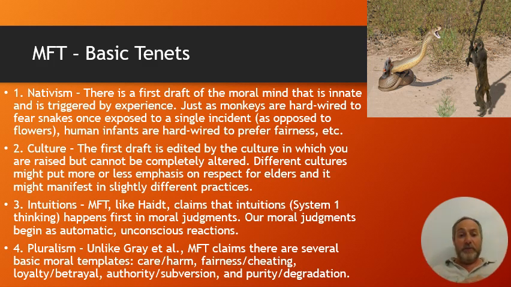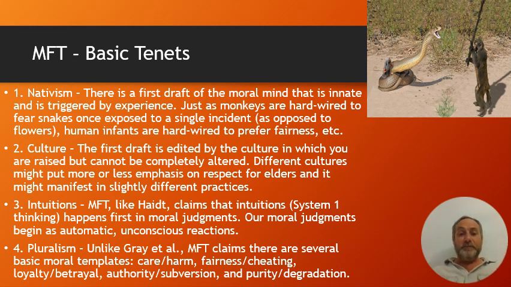Number three, like all the theories we've seen so far, it takes an intuitionist approach to moral psychology, which says that our intuitions are the first impetus of our moral judgments. They begin as automatic, unconscious reactions, and then the rational part of morality comes afterwards, and it's secondary.